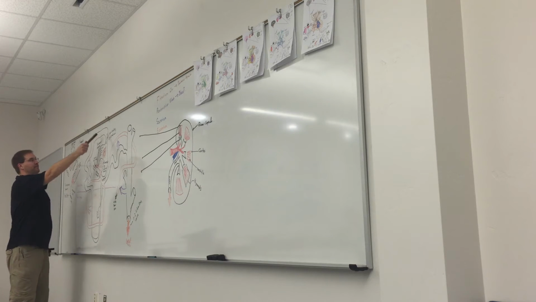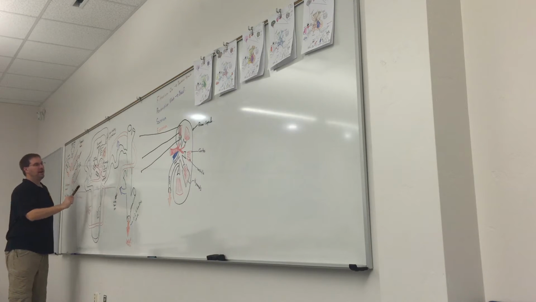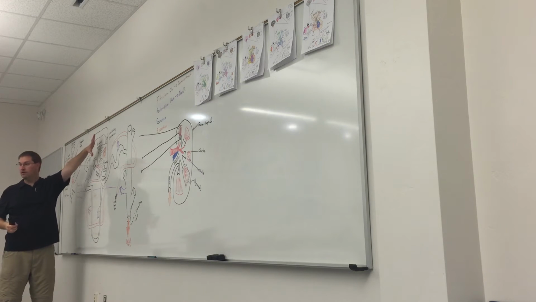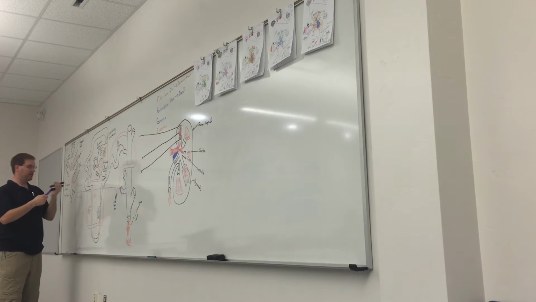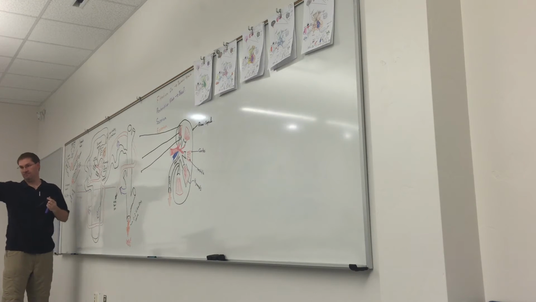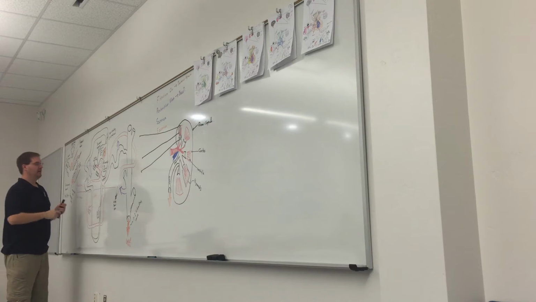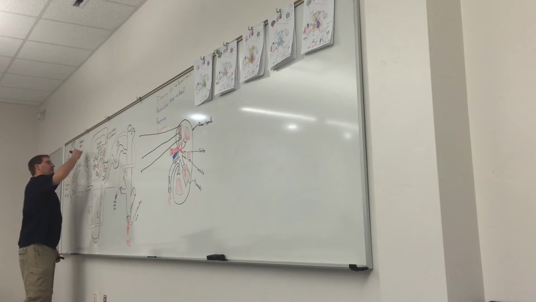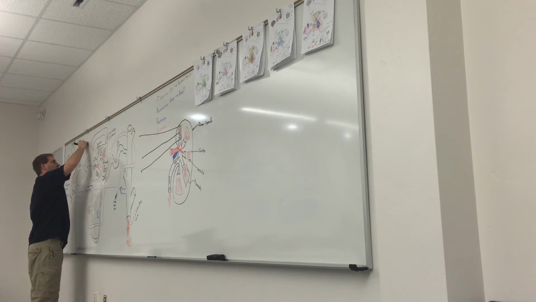The first part of the nephron that comes out of the Bowman's capsule is near, so this is known as the proximal what? Convoluted. What does convoluted mean? Twisty. Yeah, twisty. A lot twistier than I drew on the board, but there are a couple of twists here. So this is known as the proximal convoluted tubule.